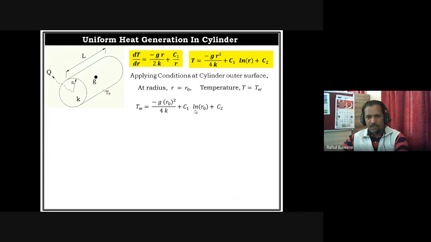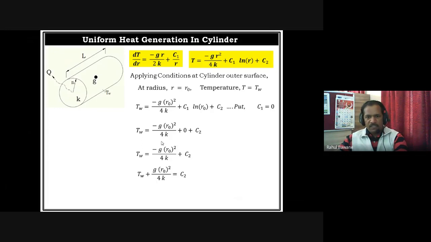We are not interested in finding the value of ln of rho because we know c1 is 0. So putting c1 as 0, T wall is minus g rho square upon 4k plus this middle term becomes 0 plus c2. So our simplified form is T wall equals minus g rho square upon 4k plus c2.